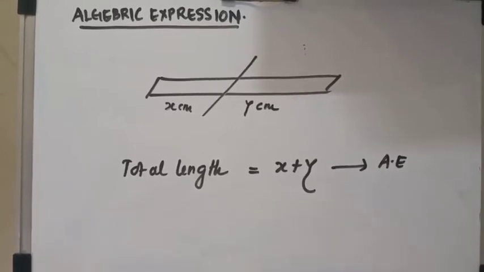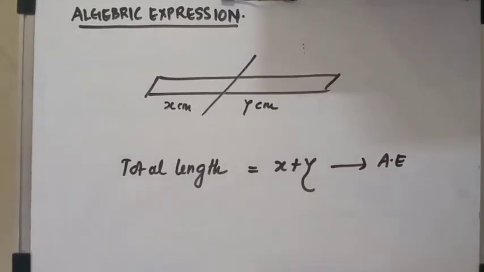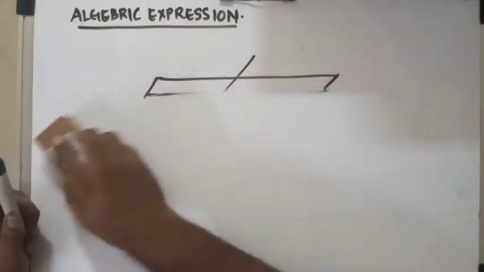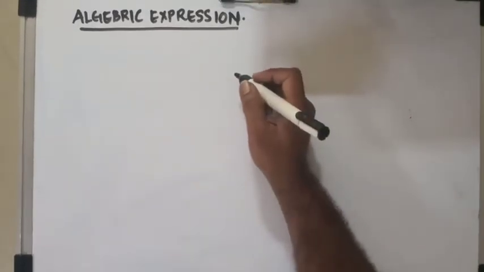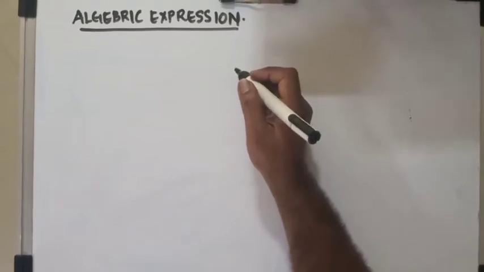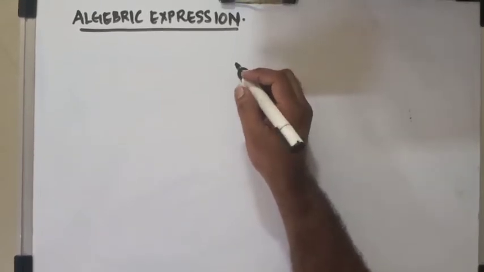Okay, I'll give you few examples. There will be a question which I'll be giving to you. I'll be sending it to you on the WhatsApp group. Okay children, and it will contain certain statements, and you need to express that statement into an algebraic expression. I'll give you one example.